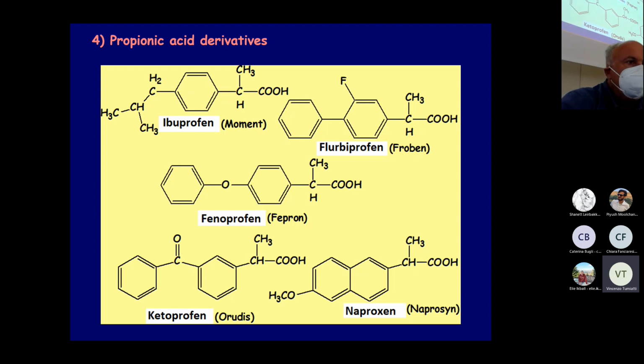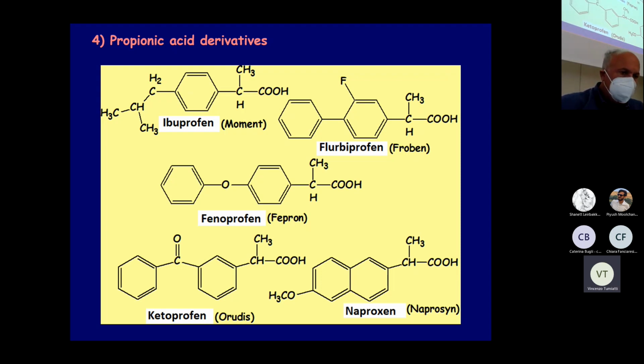Now you can see how it's possible to have a residue of the propionic acid. So a homologation, we have an introduction of a second methyl group on the acetic acid residue.